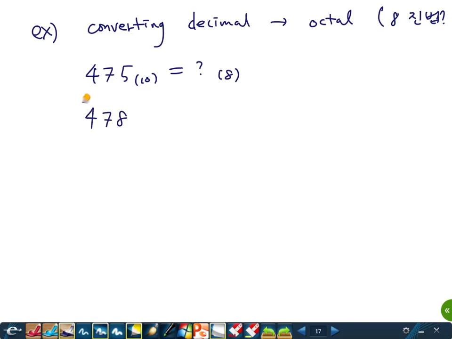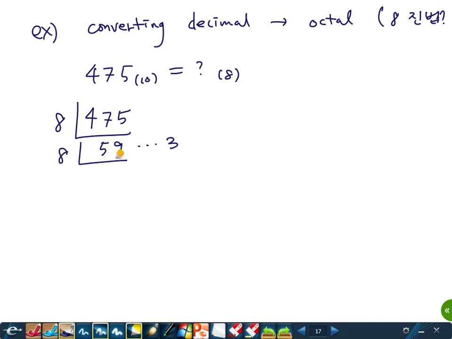You divide this by 8. What is the quotient? 59, remainder 3.